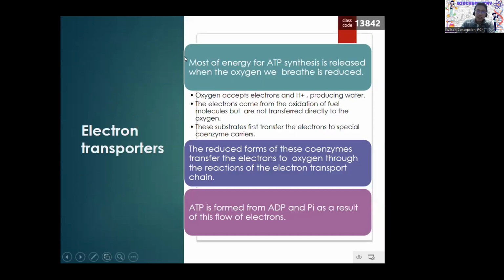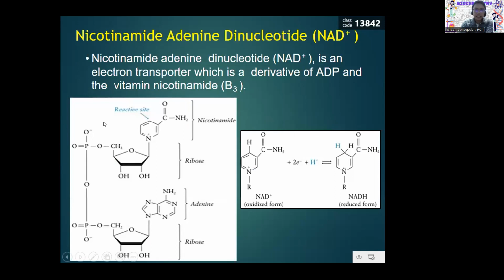So aside from the coenzyme A, two important chemicals in our body are called electron transporters. The first one is the nicotinamide adenine dinucleotide. Di ba meron na kayong nakita kanina? Di ba? So we call that NAD+. Nicotinamide adenine dinucleotide. Ano naman siya? Derivative of ADP. Okay? Or vitamin nicotinamide. Okay? And nicotinamide is vitamin B3.